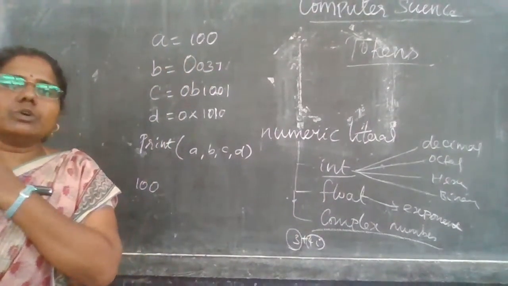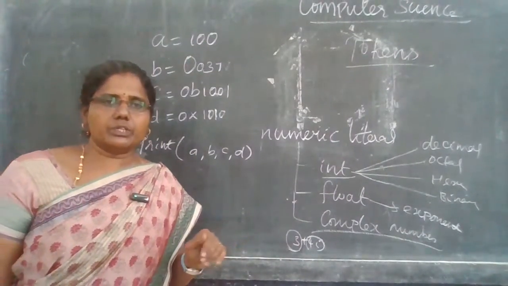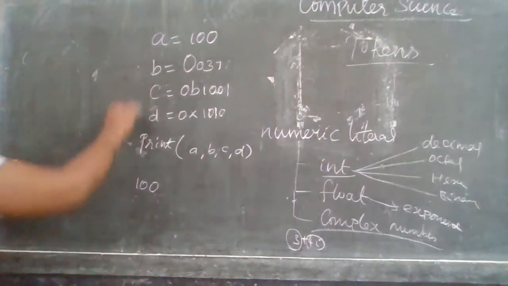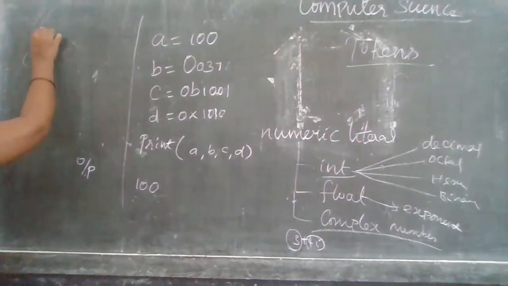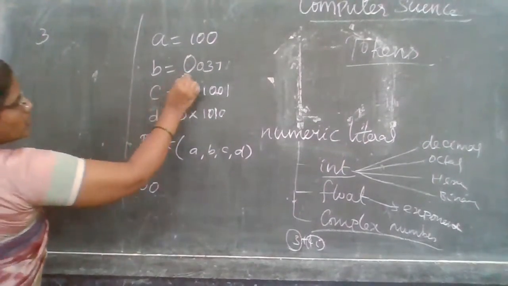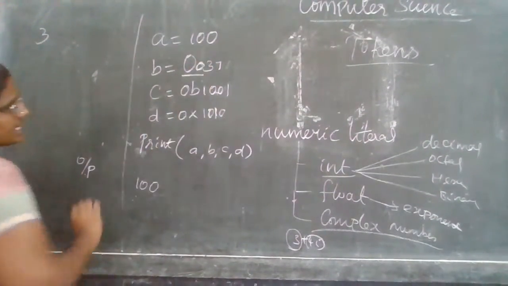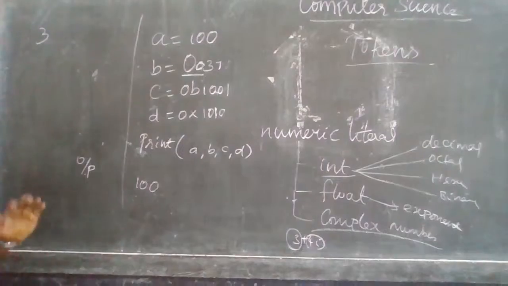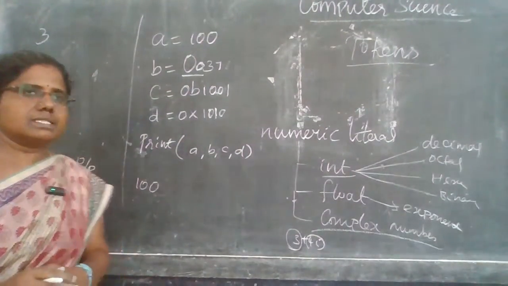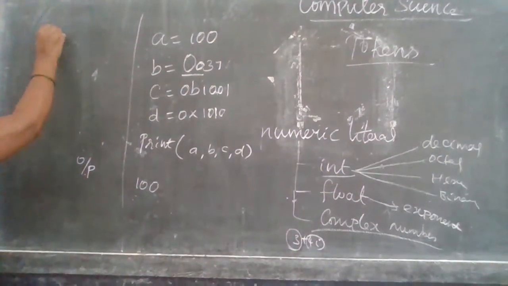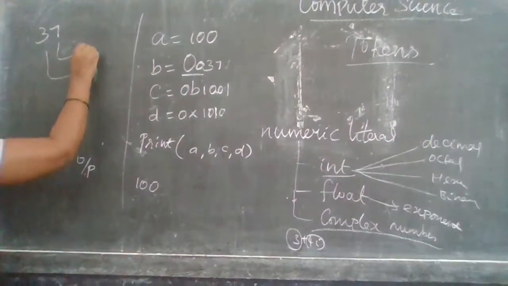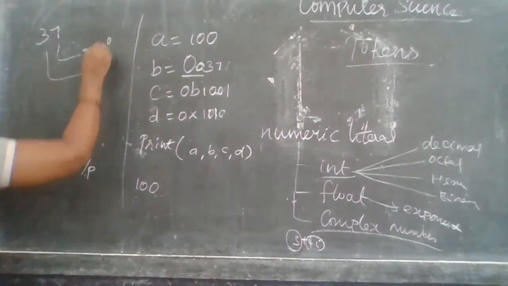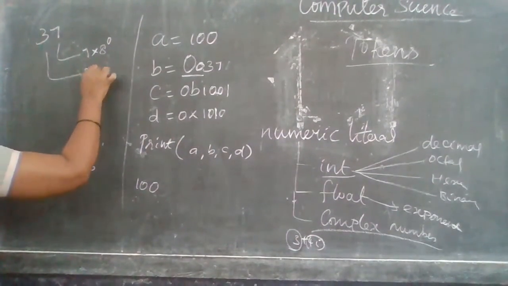You know how to change an octal value into decimal. In 11th standard, we studied number conversion. 0O37 means it is considered octal, but the computer will display the output in decimal numbers. Now it converts that octal number into a decimal number. 7 into 8 power 0, 3 into 8 power 1.